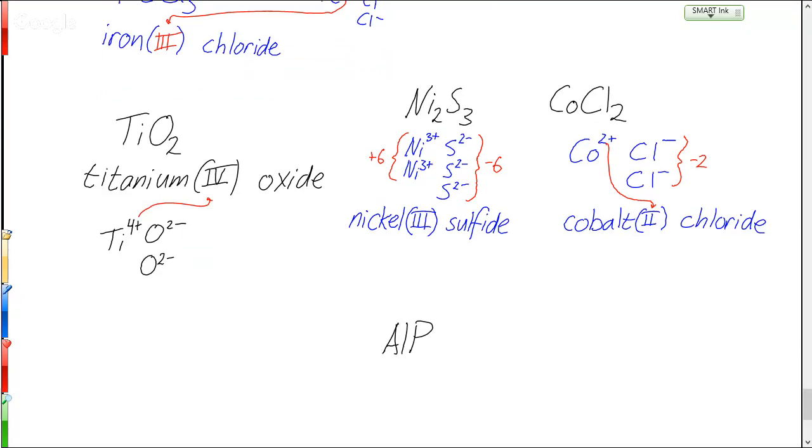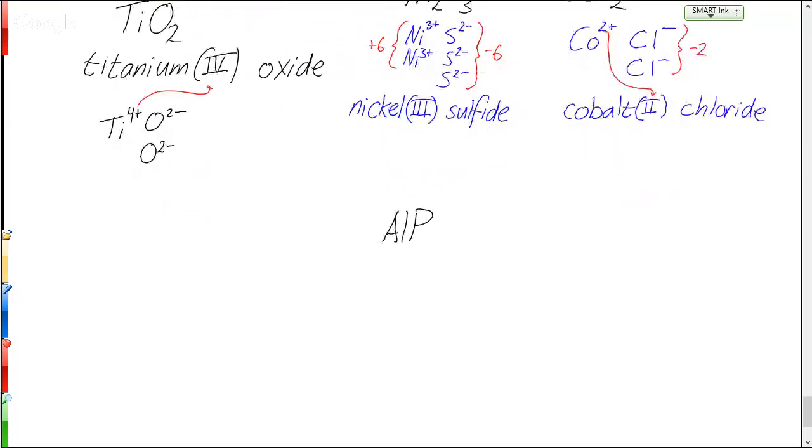Okay, and the last one down here, AlP. Which category does that fit into? Is that fixed or variable charge, aluminum? Yeah, this one's a little tricky because aluminum isn't really in the middle, but it kind of is.